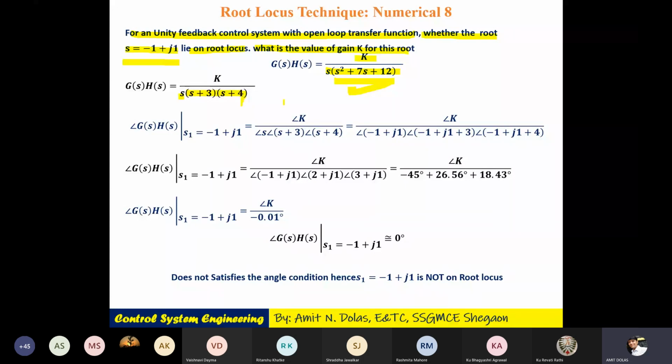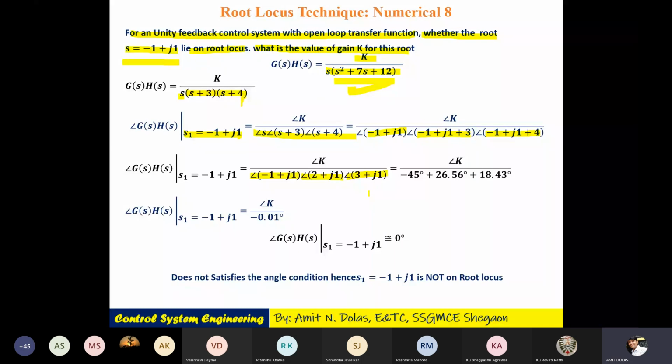Okay, going for the angle condition, I'll put the value of s1, where s is equal to minus 1 plus j1. Putting this value into this equation, I'll not read it out. Then this is the final value of imaginary and real part, that is angle of minus 1 plus j, angle of 2 plus j1, angle of 3 plus j1.